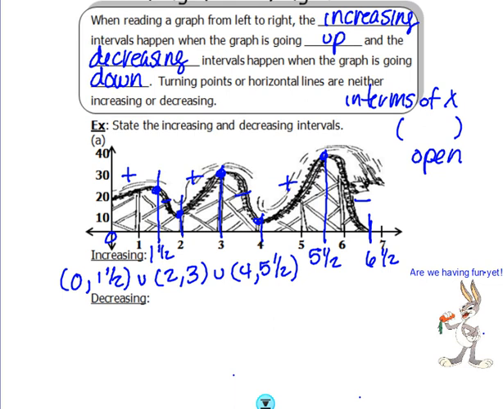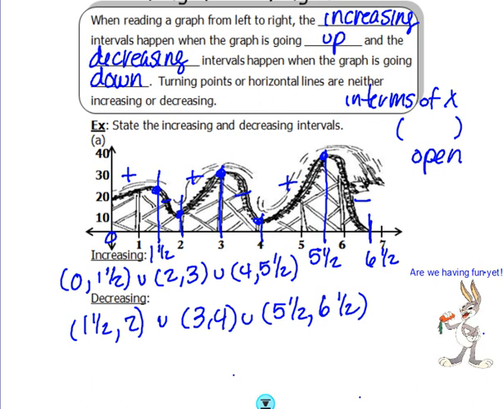Our decreasing intervals: 1.5 to 2. The other one's 3 to 4. And then finally our last one is 5.5 to 6.5, because this is where we could choose to end our particular graph. It could go off to infinity if we were doing a function.